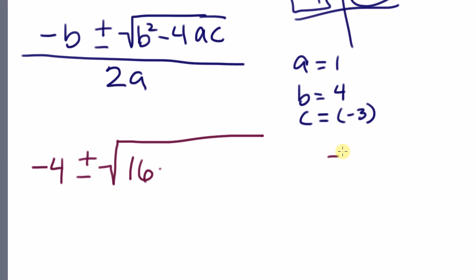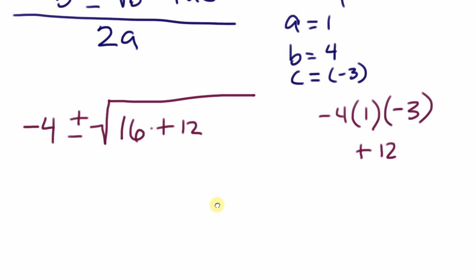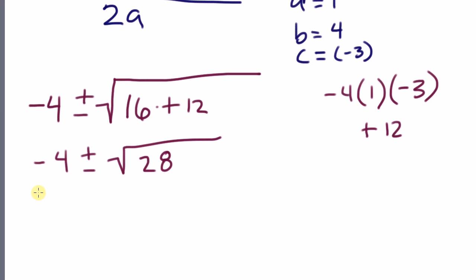And then -4 times 1 times -3 is going to be a positive 12. So plus 12. And this should be interesting. So -4 plus or minus the square root of 28, divided by 2 times 1, which is 2.